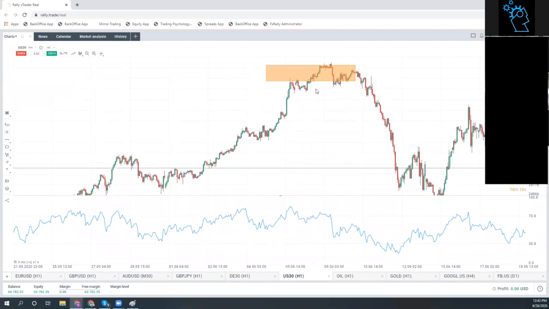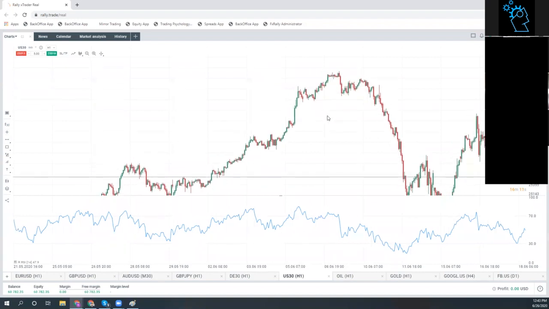Let me show you another one. This is US 30. As I was saying in the beginning of this webinar, this strategy based on price action and RSI divergences, you will be able to use on Forex, indices, commodities with no issues to adapt, and also you can use it on stocks or whatever else you will be trading.